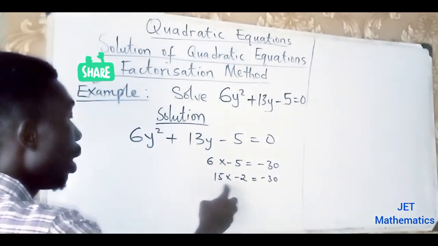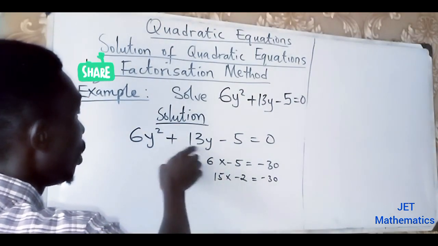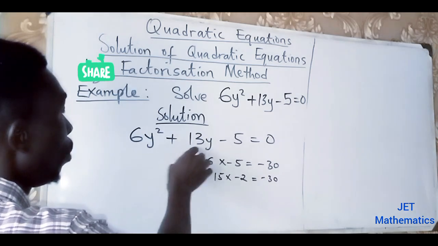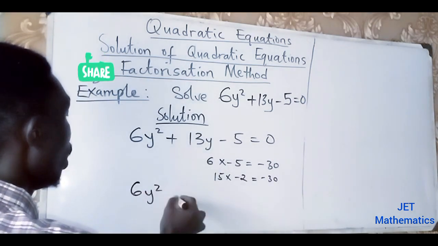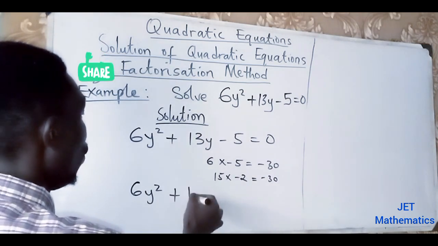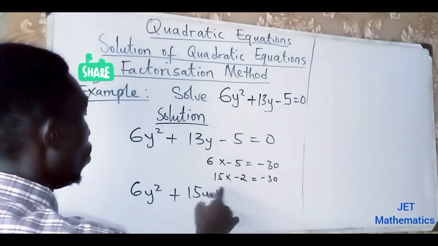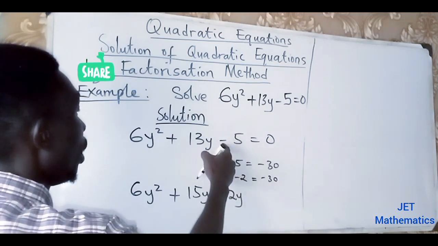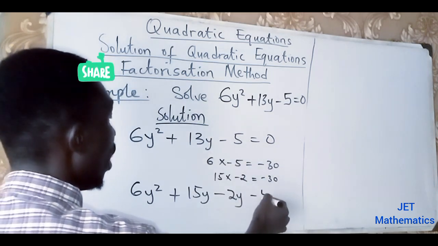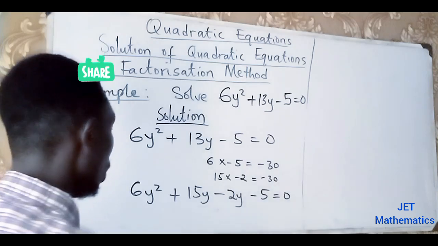So 15 and minus 2 will replace the middle term, 13y. So we are going to have 6y squared plus 15y minus 2y minus 5 equals 0.